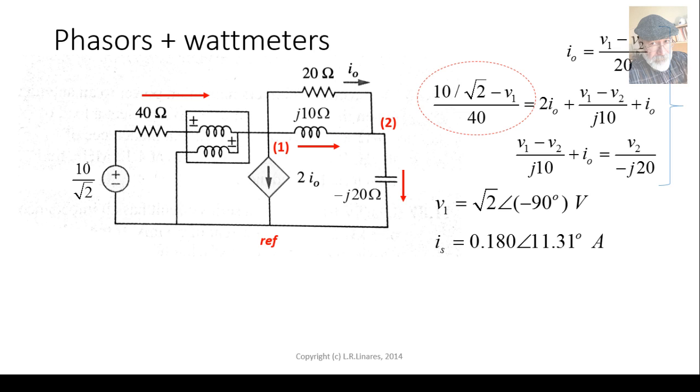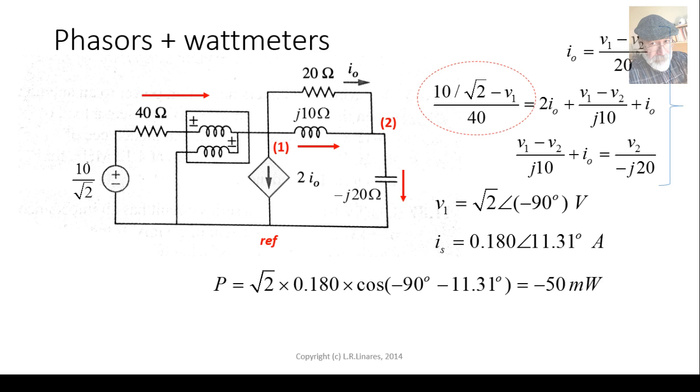0.180 with 113.1 degrees. That is the current in the wattmeter, and we know V1 is the voltage in the wattmeter. So the average, the active power P, is the RMS value of the voltage, root 2, times the RMS value of the current, 0.180, times the cosine of the angle of the voltage minus the angle of the current, negative 90 minus 113.1, that is negative 50 milliwatts.